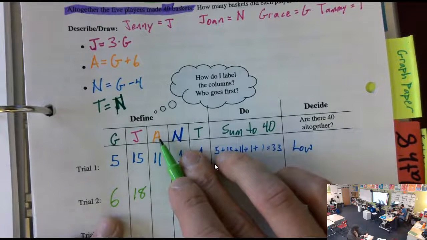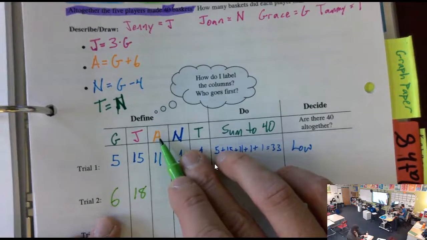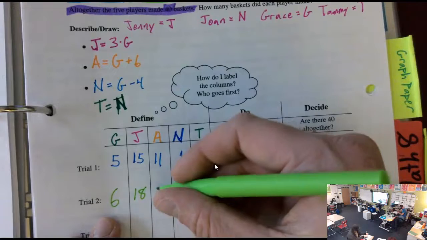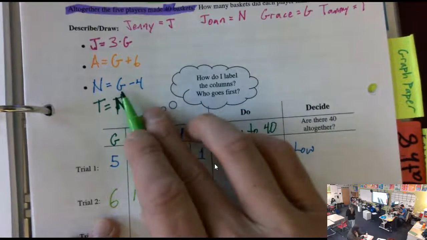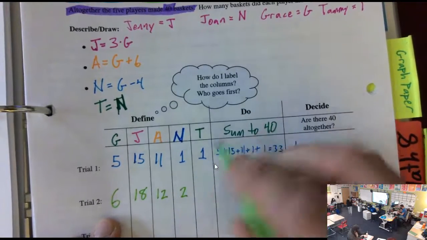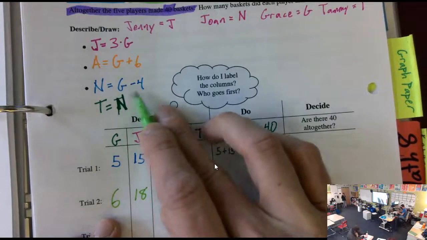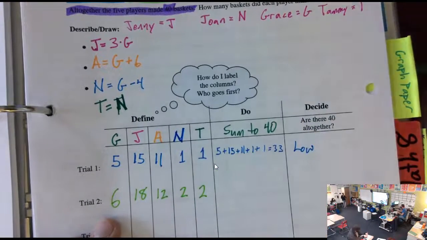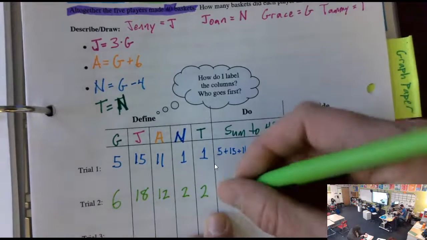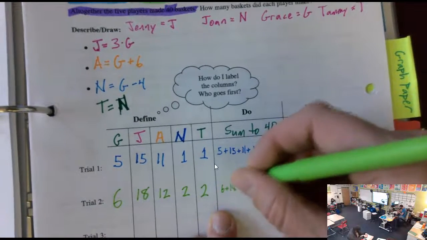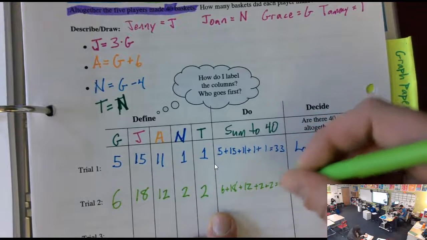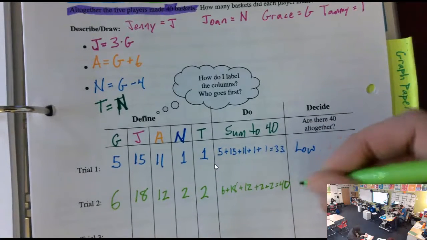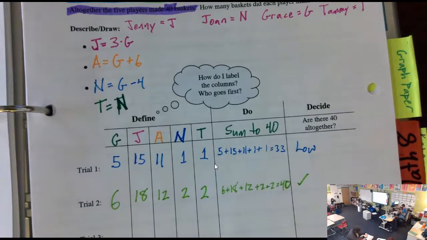Alexis is 6 more than Grace, so 12. Joan is 4 less than Grace, so 2. And Tammy is the same as Joan, another 2. When we add these up, what do we get? Ah, we got it.